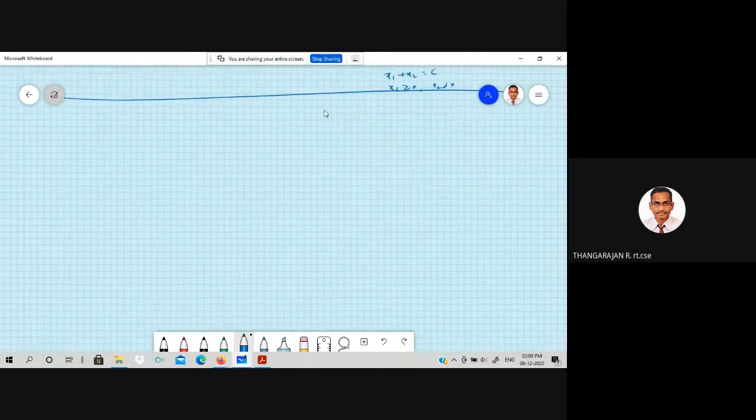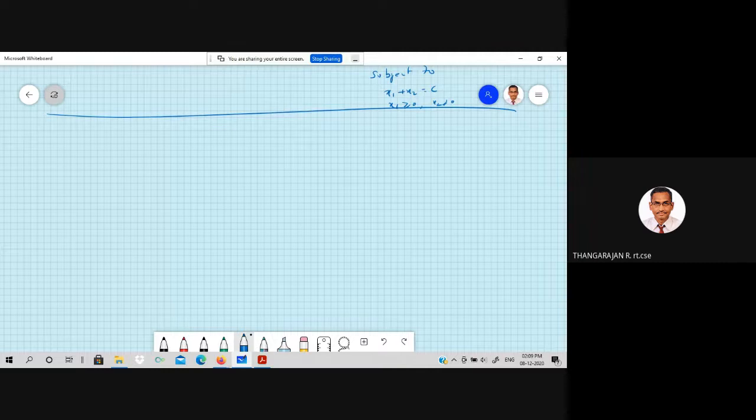And another thing that you have to know in this constraint satisfaction problem is convex functions. You should know something about convex. So what is a convex function? For example, if I take y is equal to x square. Okay. Now that looks like this. So this is x, this is y.